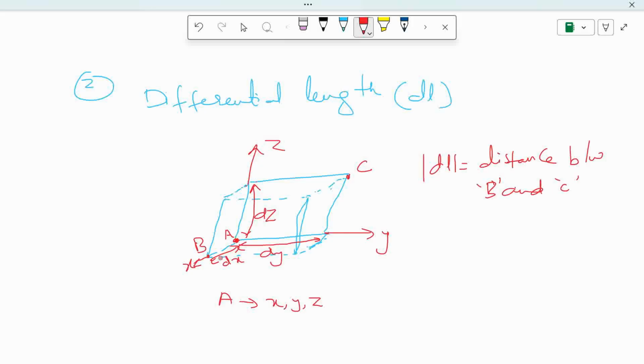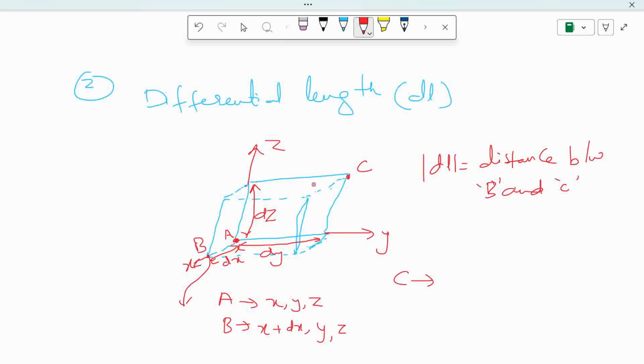So what is the B coordinate? B coordinate is only changing in the x direction because it is along the x-axis. So B is (x plus dx, y, z). Now how about point C?